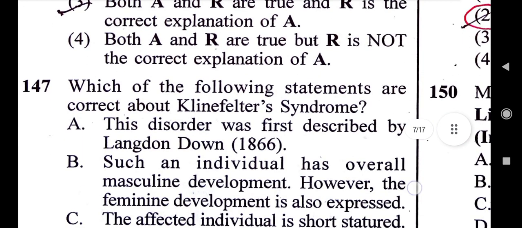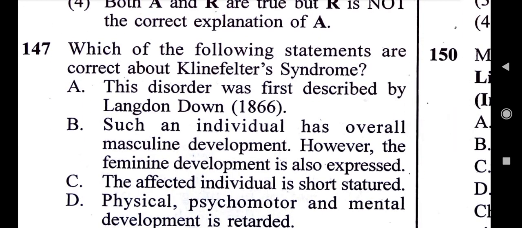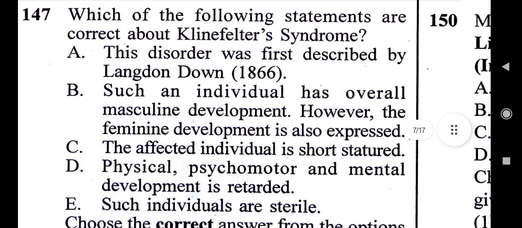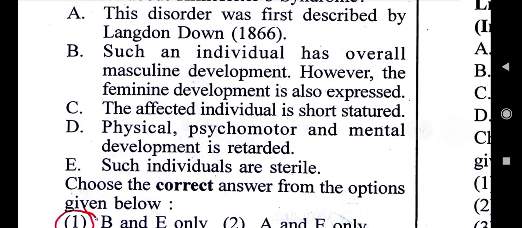Let's see question 147. Which of the following statements are correct about Klinefelter syndrome? Option A: this disorder was first described by Langdon Down in 1866. Option B: such an individual has overall masculine development, however feminine development is also expressed.